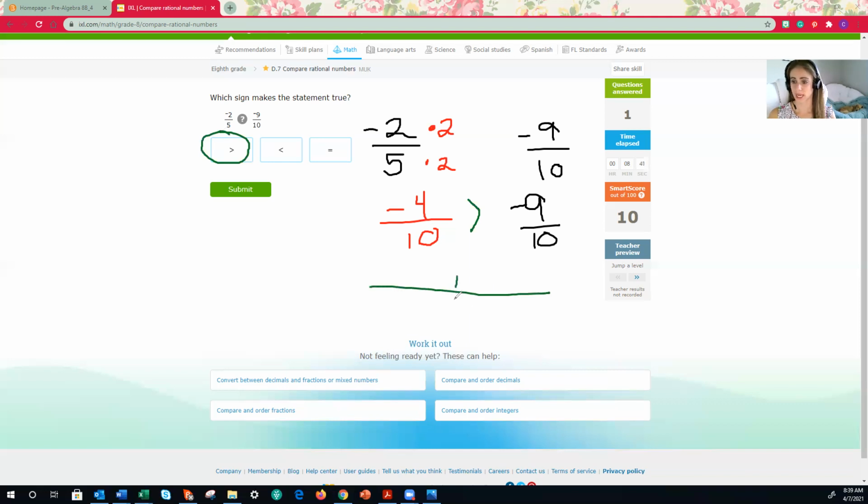So if I do a little sketch of that on the number line, right here we'd have -4/10. And down here we'd have -9/10. -4/10, because negatives are backwards like that, is greater than -9/10.